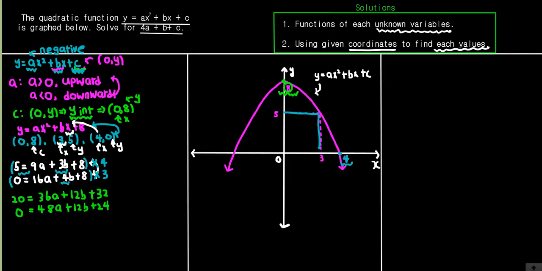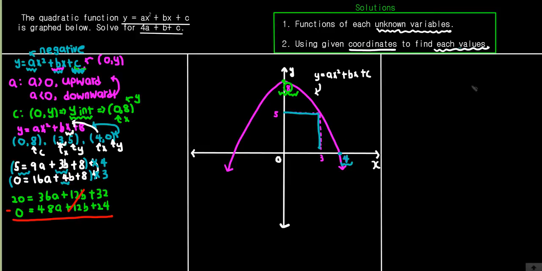And now we get the point of why we made this into a system of equations: 12b and positive 12b, if you subtract them, will cancel out. This was the reason why we made it into a system of equations, so that we get rid of one variable for more convenience in the calculation.